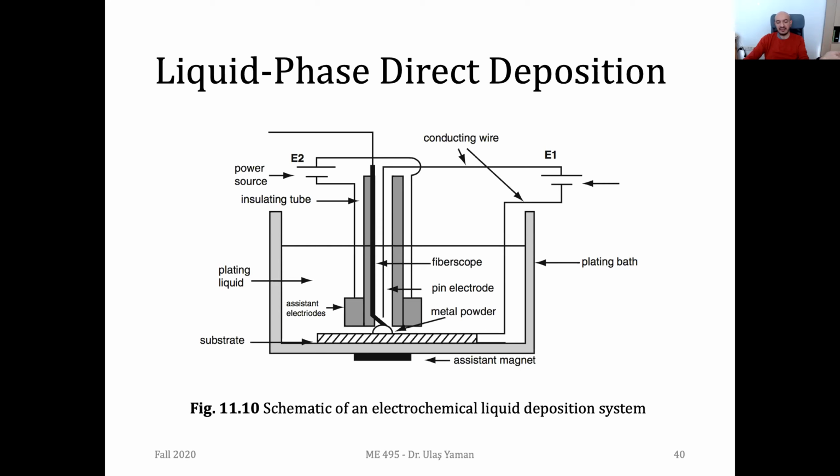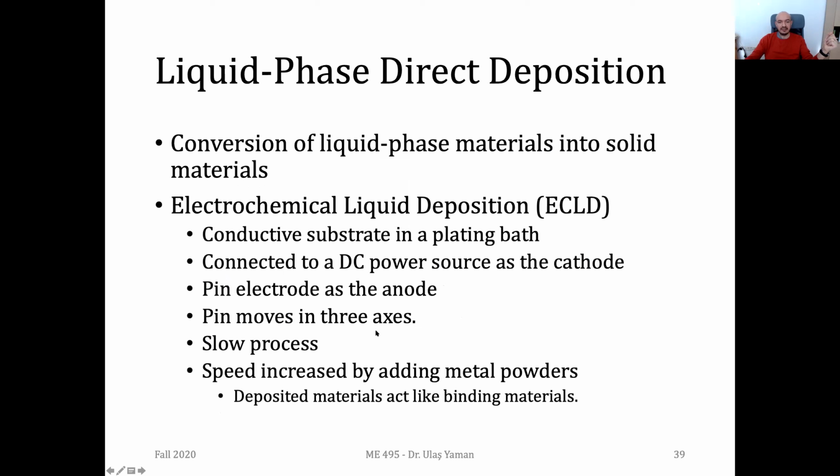So that means you can deposit very specific shapes. You're not covering the whole substrate, but you are depositing into very little areas, and you can have such specific features. The rest is the same as electroplating, but the difference is we have a pin which is moving in 3 axes.